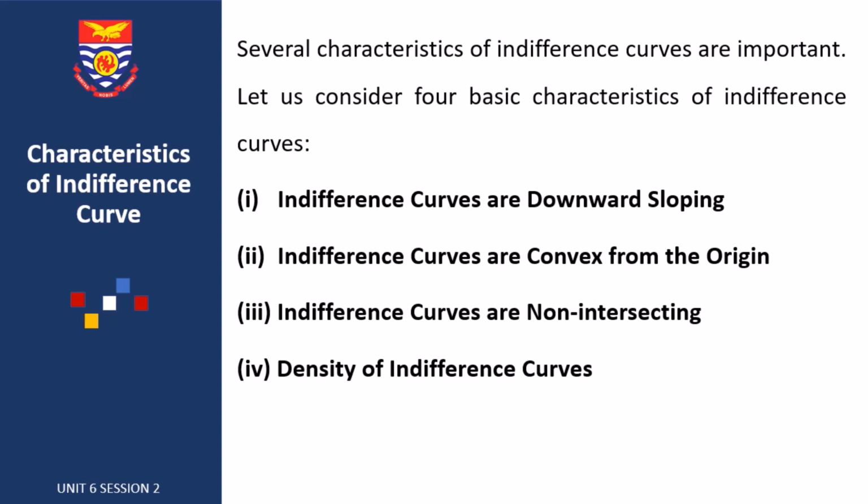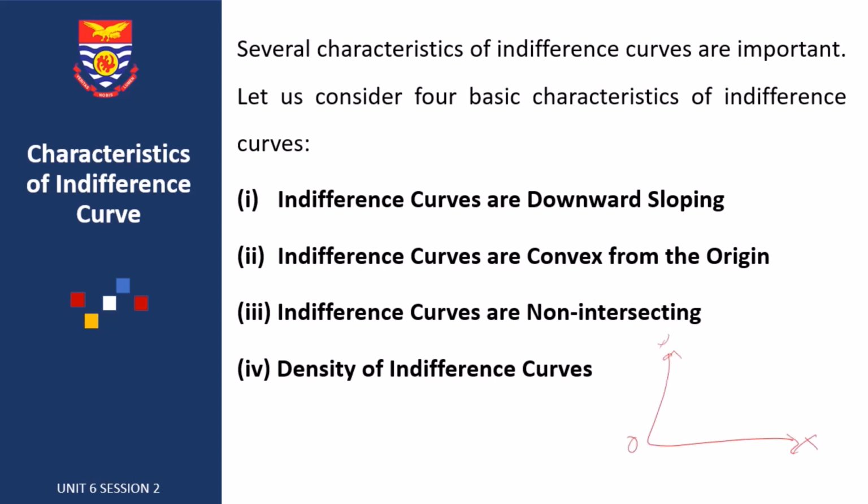Now, how about the indifference curve being convex to the origin? You can refer back to the diagrams that we had, and you realize that the shape was like this. Let me draw something here. You see, this is x, this is y.